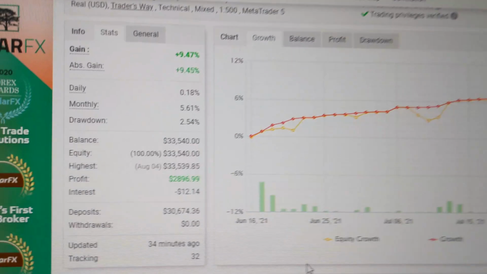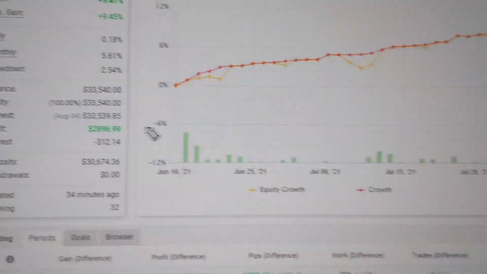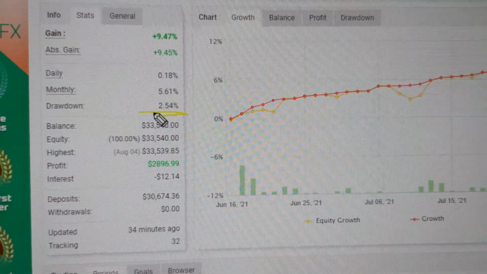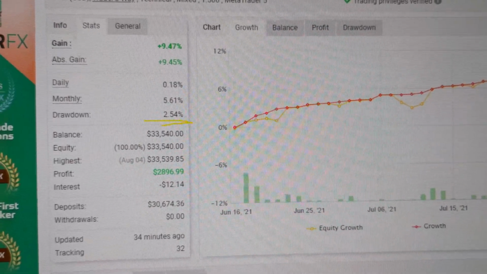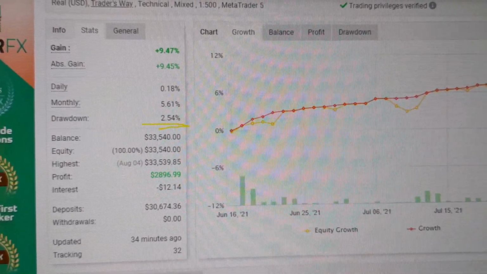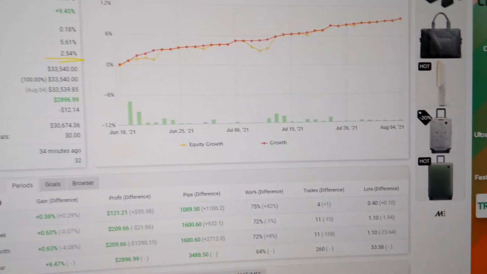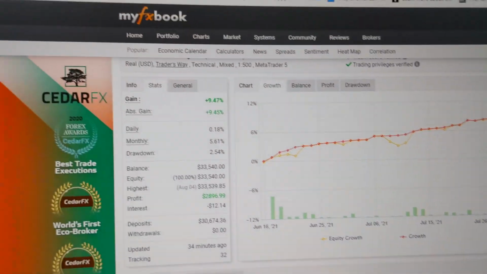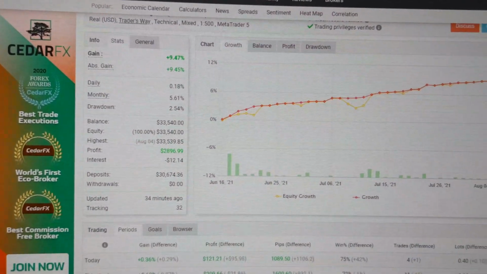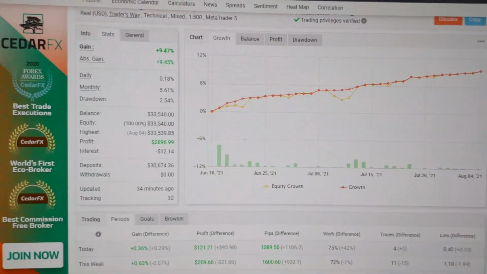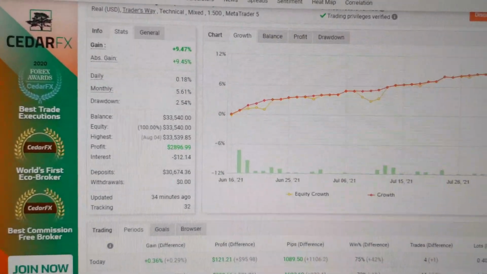And again, this account is looking at a really low drawdown of just 2.54%. So we're really trying to keep the drawdown to a controlled level. I'm looking at a maximum for this account around 15 to 20% in the worst case scenario, but if I can keep it lower than that, great.